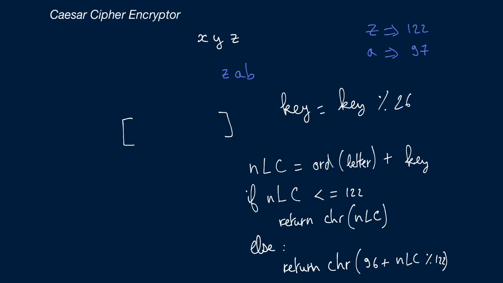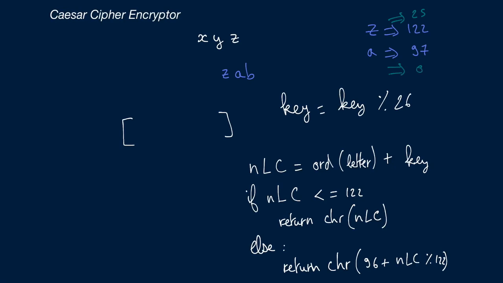So A, B, C, D, all the way to Z. And the index that each of these letters are at is their corresponding code value. So the letter A would be at index 0, and the letter Z would be at index 25. So here you could replace 122 with 25 and replace 97 with 0.